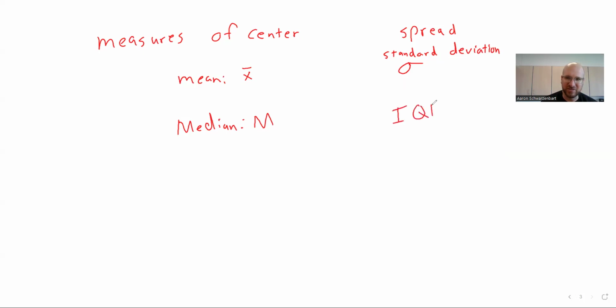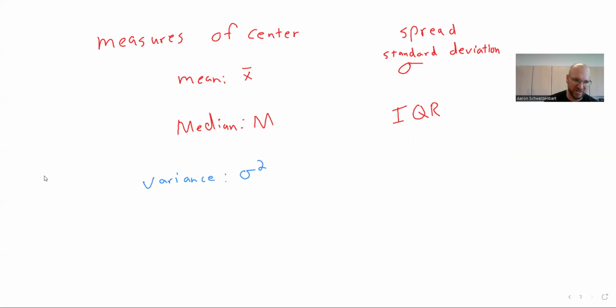IQR is the measure of spread for median. If you're talking about medians, you use IQR for spread. If you're talking about means, you use standard deviation. There's also this thing called the variance, which is standard deviation squared. So it's just sigma, whatever value that is, squared.